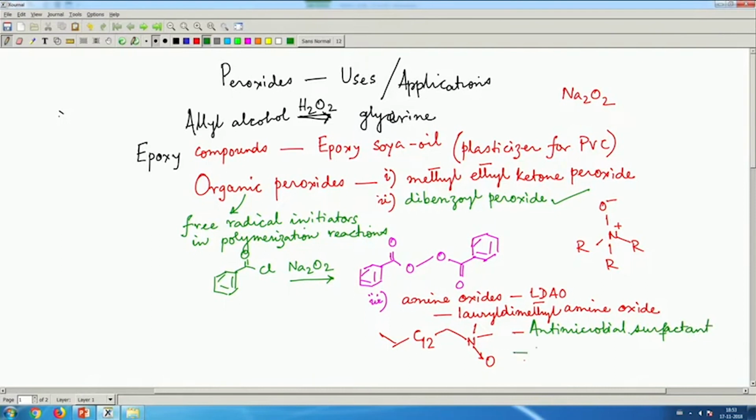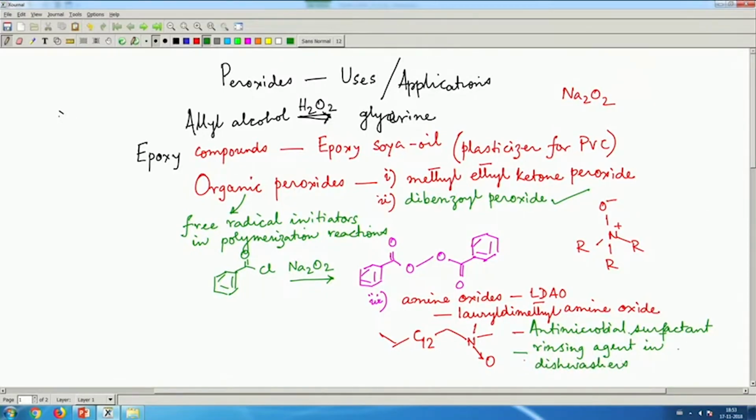We use them in typical dishwashers, where this is the final rinsing agent. Nowadays we use dishwashers very much.